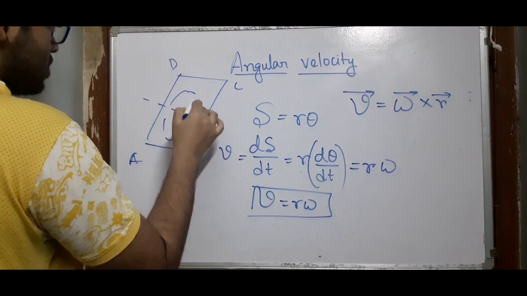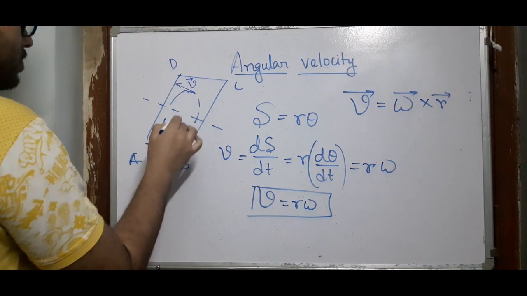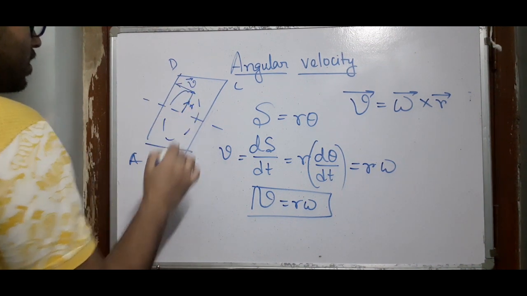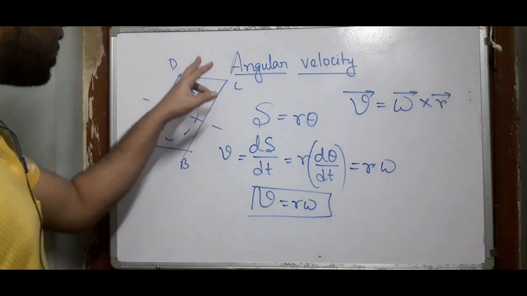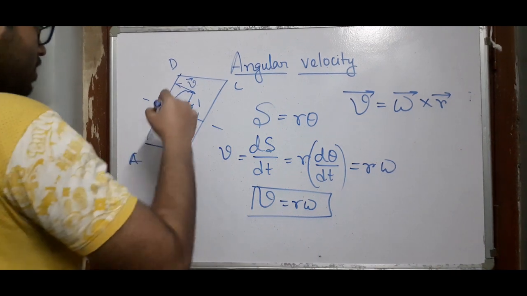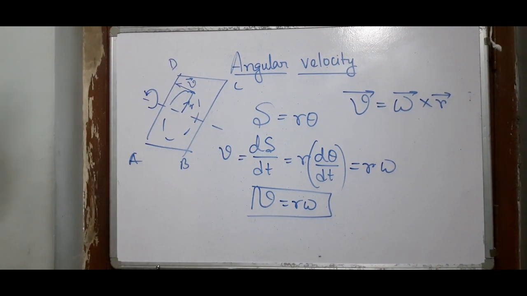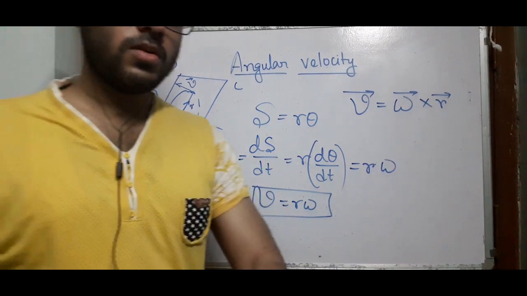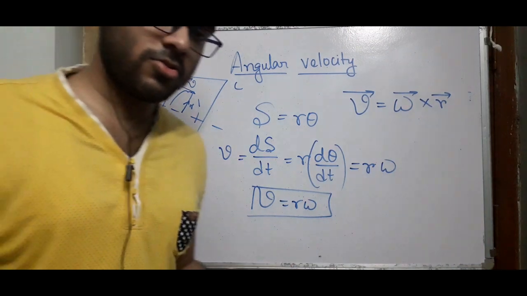Here is the axis of rotation, and at this point the velocity vector is in the plane, and this is the radius vector, which points outward from the axis of rotation. So the omega here is this. So I hope I have cleared you this relation and their directions and their magnitude as well.